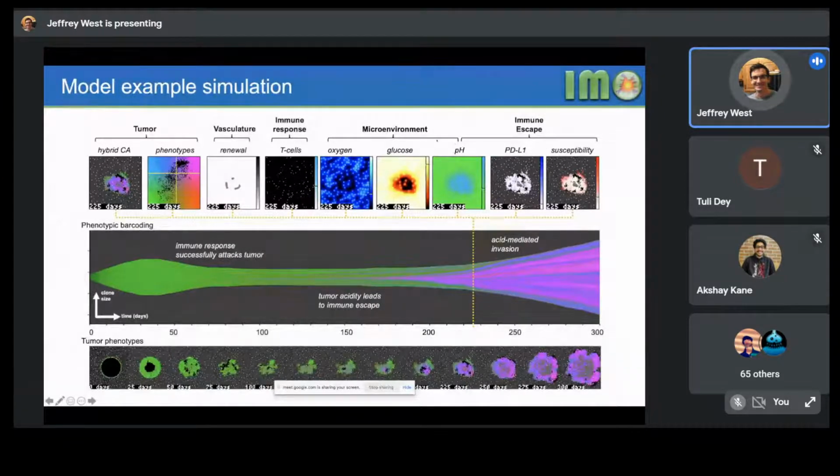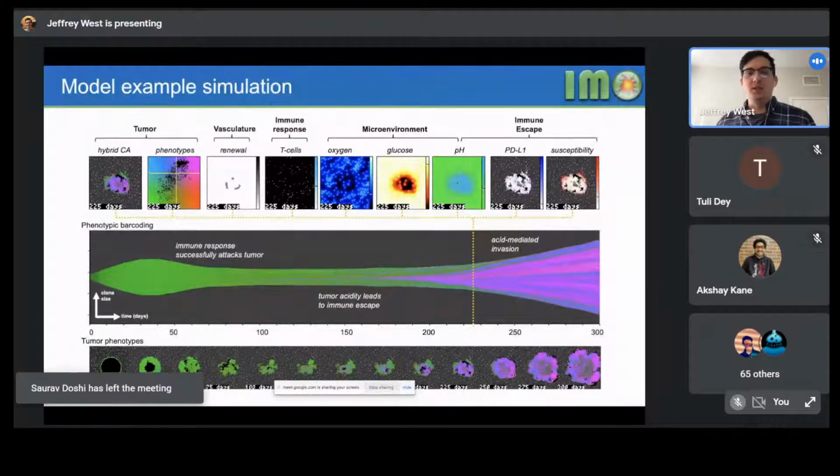And then we have some immune escape mechanisms, that PD-L1 axis of hiding from the immune system. And T cells can also be inactivated in very acidic conditions. So in this region of high acidity, we won't see any T cell attacking the tumor because T cells are inactivated in highly acidic regions.